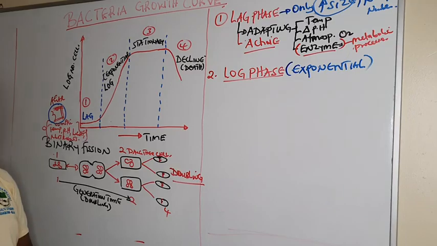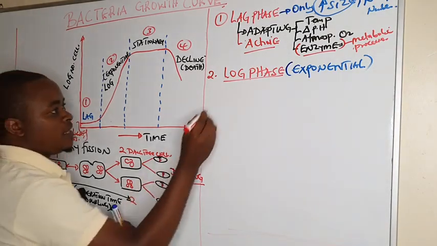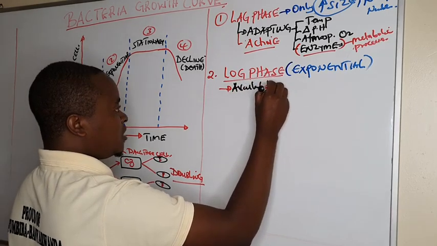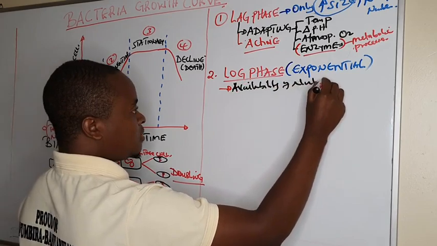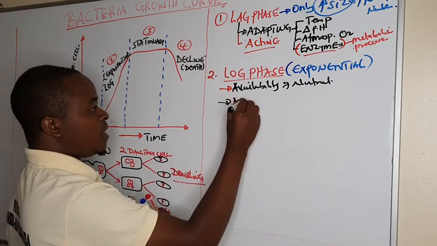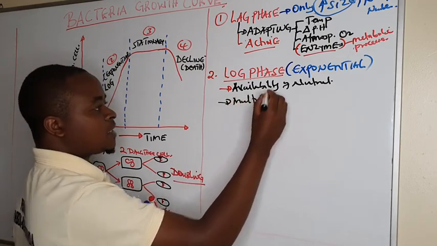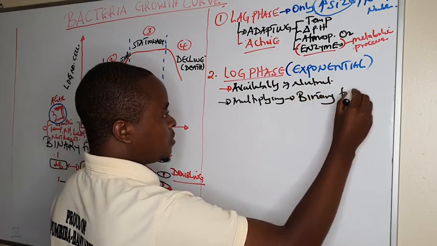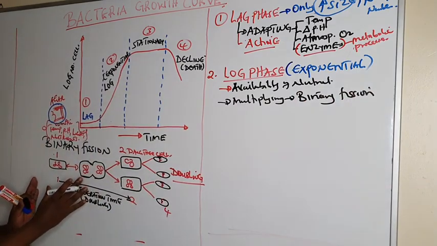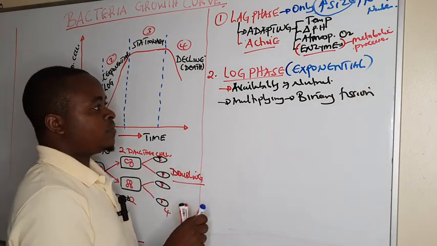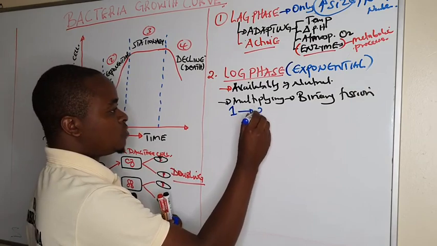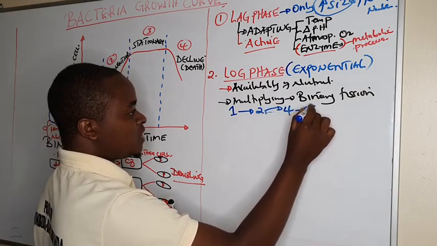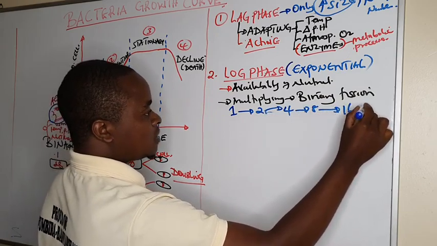And at this stage, the bacteria has already adapted and there is availability of nutrients, and the bacteria starts multiplying, whereby this multiplication, as we have said, is by binary fission, as we have explained from the beginning, whereby if you have one bacteria, it gives rise to two, two gives rise to four, four gives rise to eight, eight gives rise to 16, and 16 gives rise to 32.